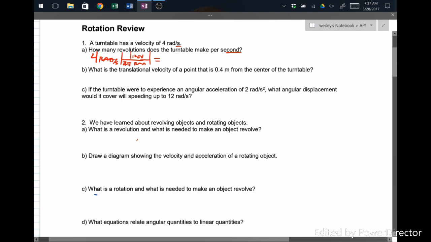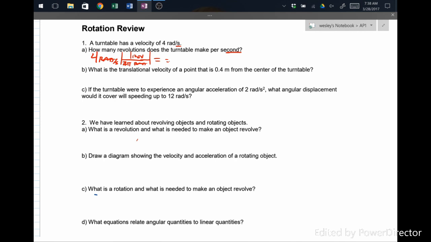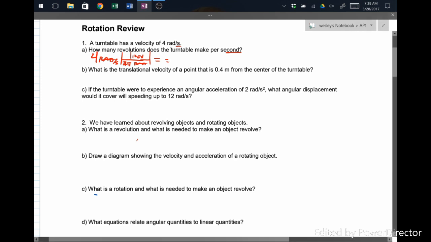So that gets rid of the radians. So we're going to do 4 divided by 2 pi, and we'll be in revolutions per second. And so that comes out to be 0.64 revolutions per second.